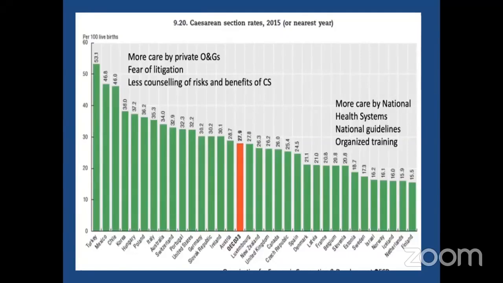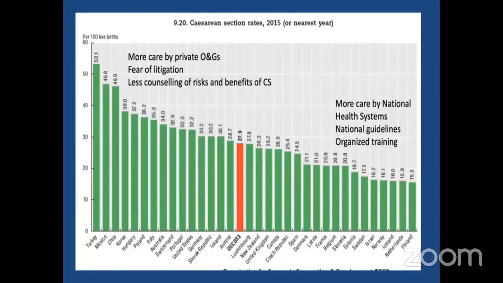What I mean by that is, if you look at the left-hand side of this bar diagram, you will see that the Caesarean section rates are much higher in countries where there is more private OBGYN care. Just look at the end of the left side, Turkey. It is giving you a 53.1% Caesarean section rate.